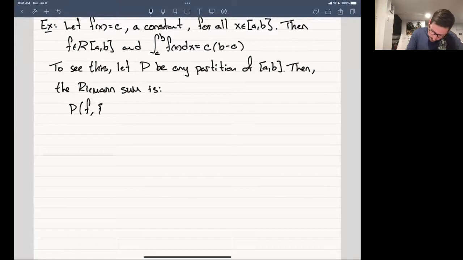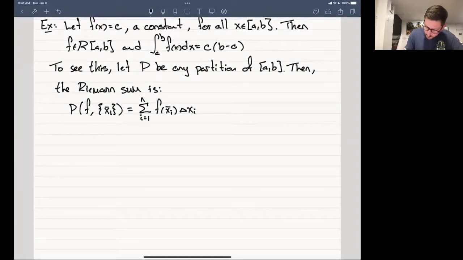Well, the evaluation points don't matter because I'm always just turning up the same value inside my function, right? I'm always getting f of xi bar, delta xi.